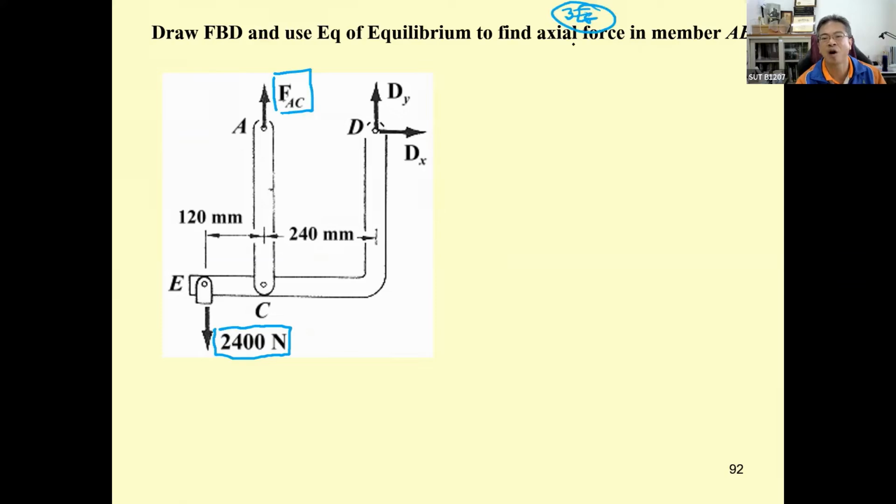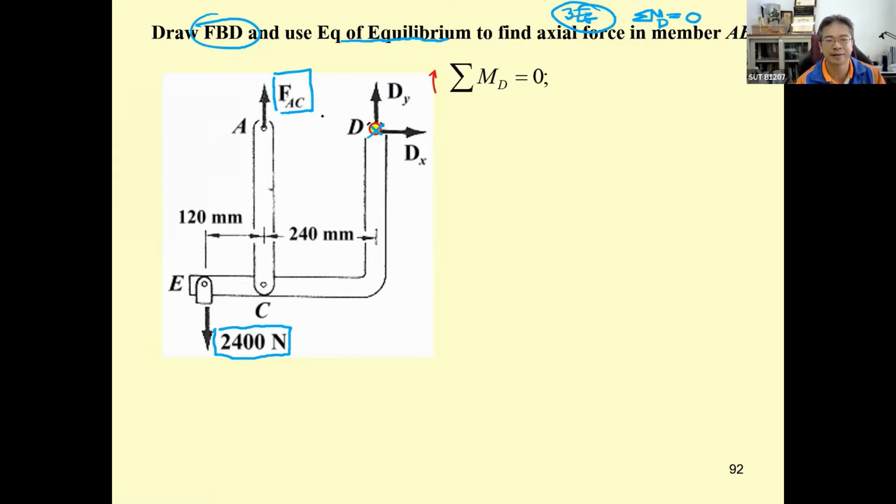When we consider this kind of free body diagram, we usually use the summation of moment equal to 0, at the point of maximum unknowns, to eliminate D sub X and D sub Y out of the equation of equilibrium. So taking the summation of the moment at point D equal to 0.